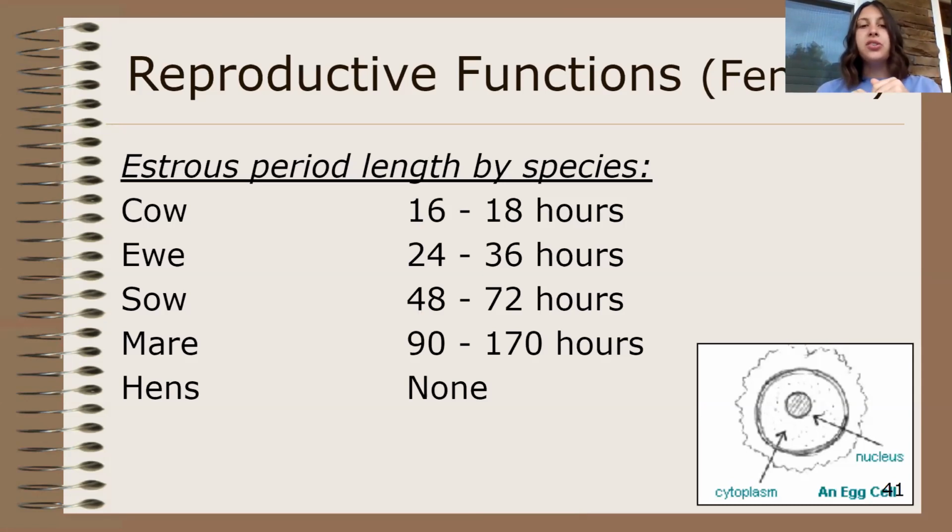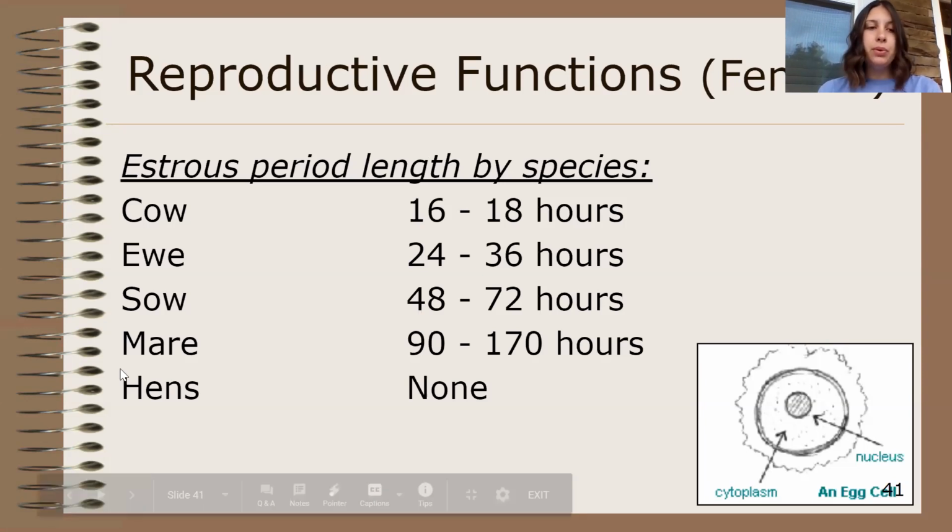And then a horse is going into estrus. She will stand to be bred for 90 to 170 hours. So that's like a week, basically, that the female will stand to be bred.